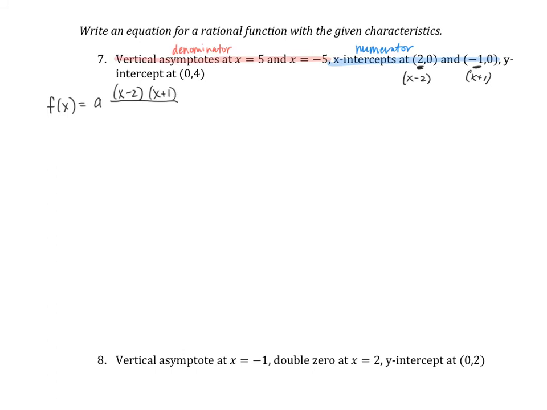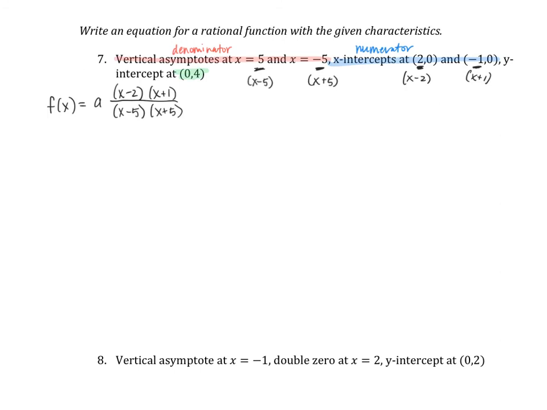All right, now in the denominator, it's the same thing. The denominator, we have an x equals 5, and so that will be associated with a factor of x minus 5. And then the negative 5 would be associated with the factor of x plus 5. So remember to always change your signs from those. Now what you have to do is you're going to use the y-intercept, this other point, to figure out your a.